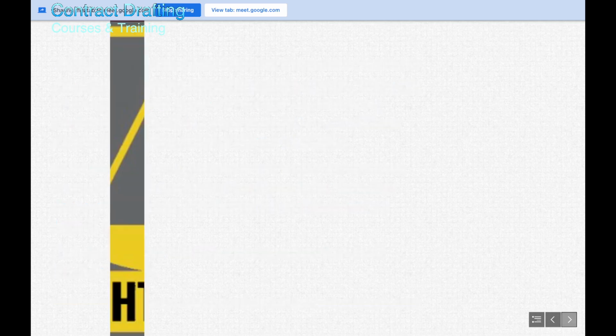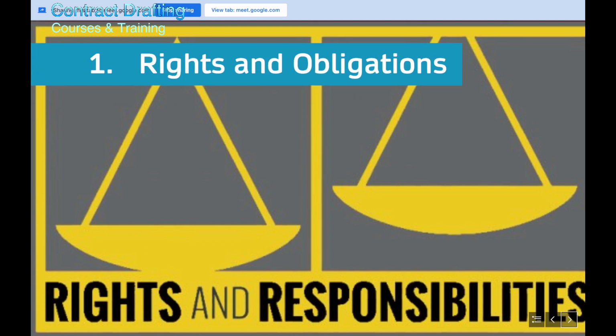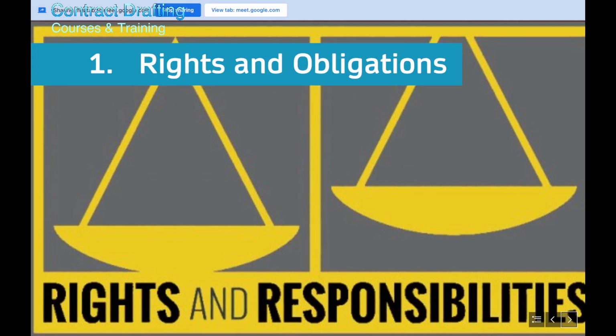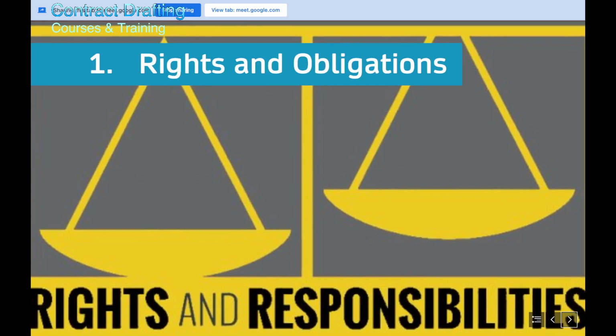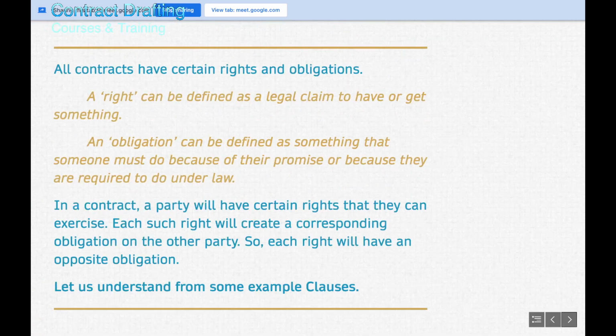You may have studied about rights and obligations being part of every contract. So basically, a right is something that you, as a party, can claim against the other. You can exercise that right, enforce that right, and the counterpart of a right will always be an obligation.